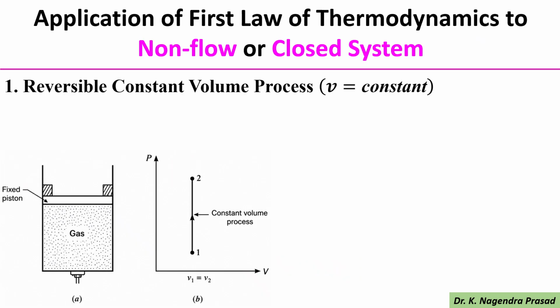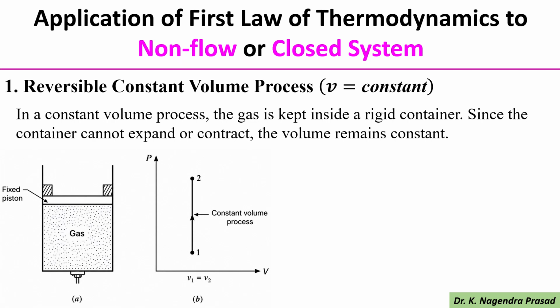Next we will discuss the application of the first law of thermodynamics to a non-flow or closed system. The first one is the reversible constant volume process, where V equals constant. In a constant volume process, the gas is kept inside a rigid container.